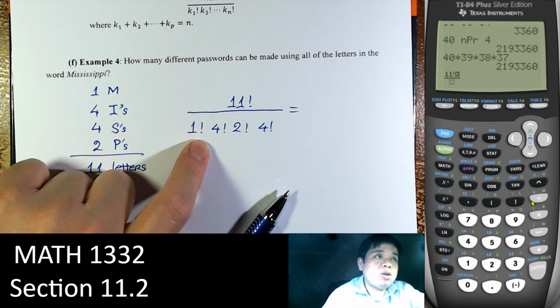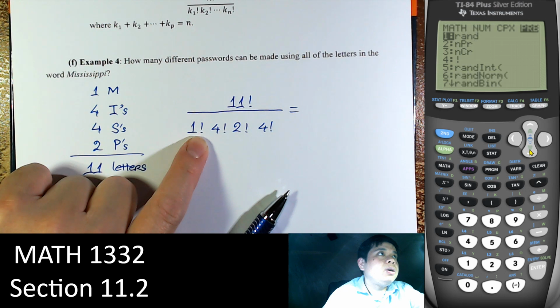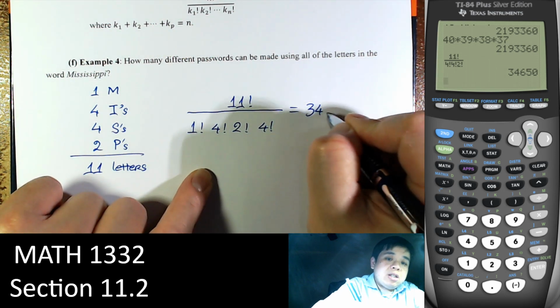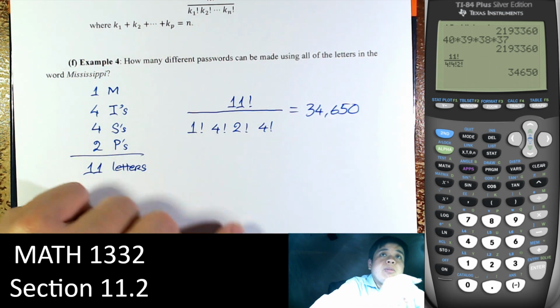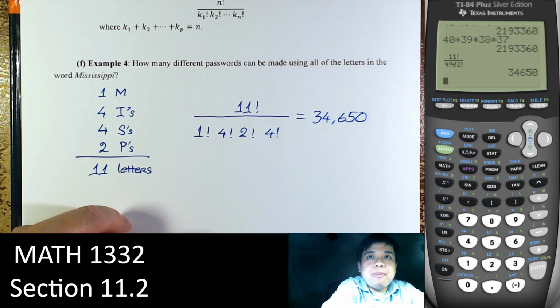So we have 11 factorial over 4 factorial, and then 4 factorial, and then 2 factorial. Right. That is 34,650 different passwords that can be generated using that.